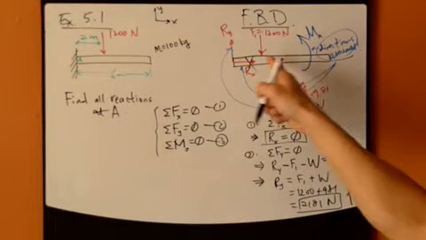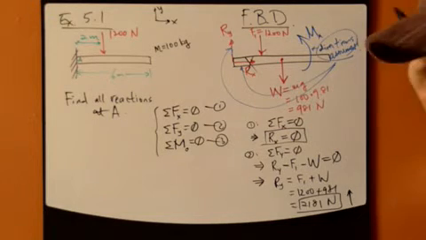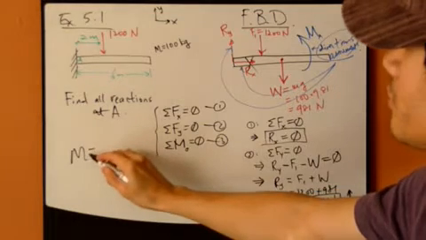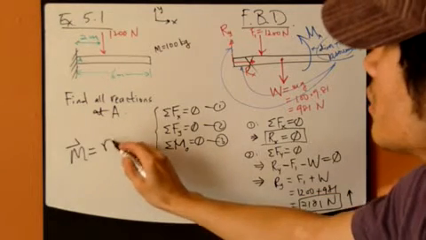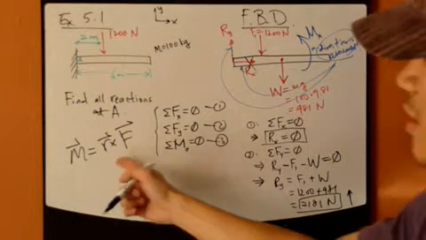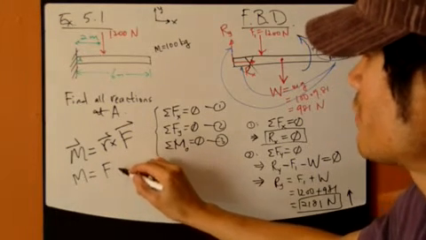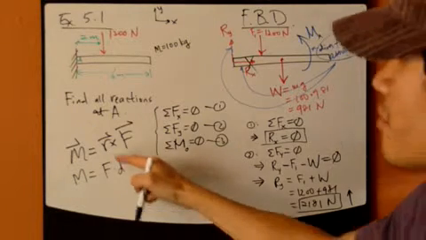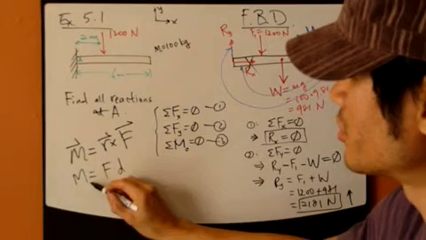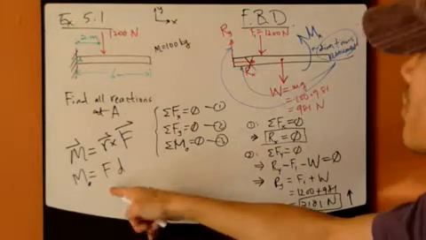You can choose any point along this rigid body or outside the rigid body. It doesn't matter. But keep in mind, moment equals R cross F in vector form. In terms of scalar, moment equals F times D. D is the perpendicular distance, the shortest distance, between whatever point you take moment about and the line of action of the force.